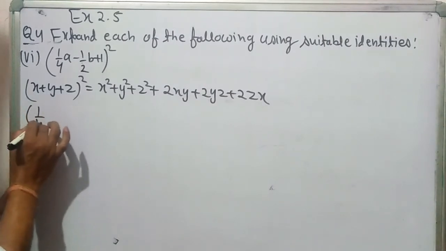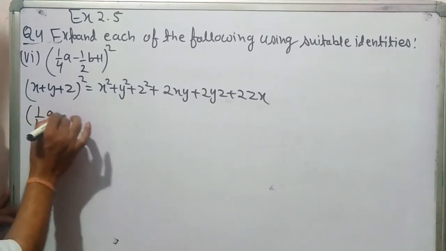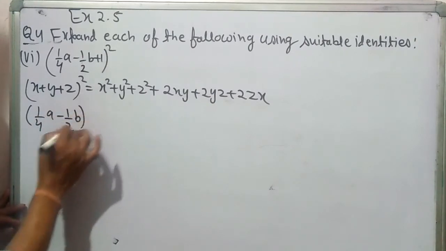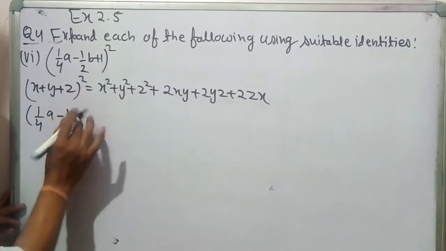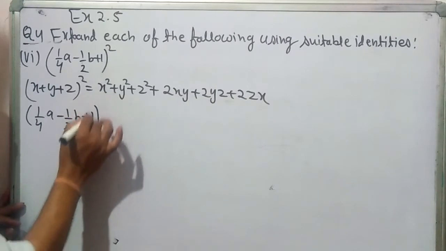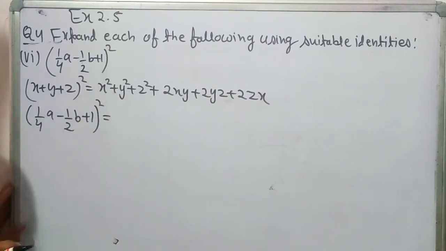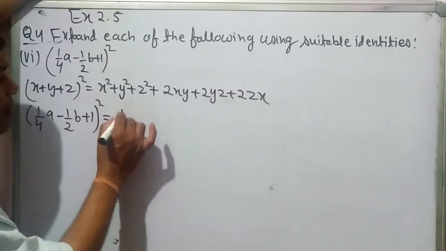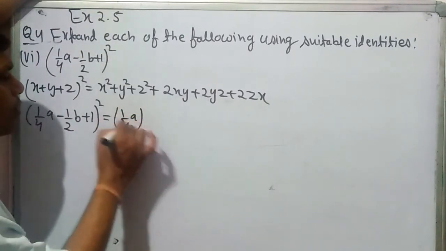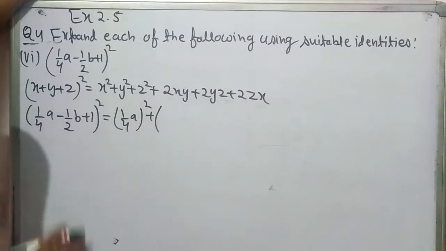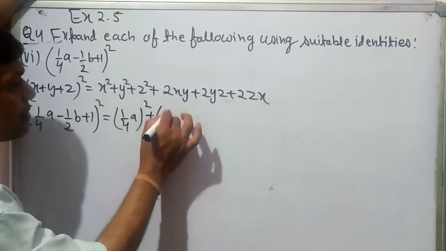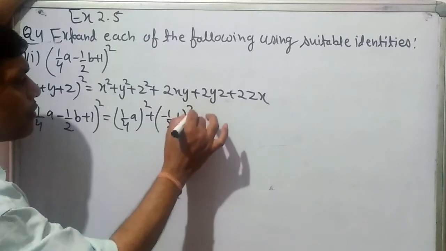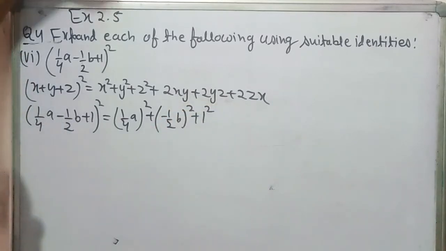In place of x we have 1 upon 4a. In place of y we have 1 upon 2b with negative sign. And in place of z we have 1. Let us put the values. Instead of x we are keeping (1 upon 4a) whole square. Instead of y we have (minus 1 upon twice b) whole square. In place of z we have 1 square.